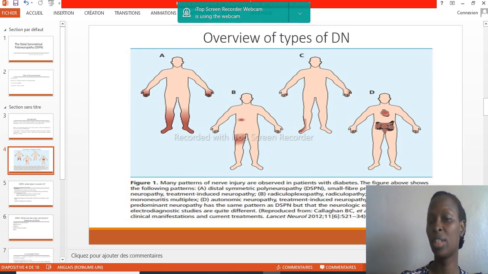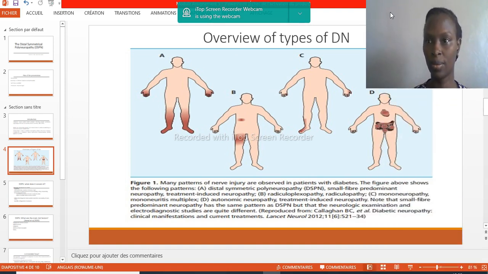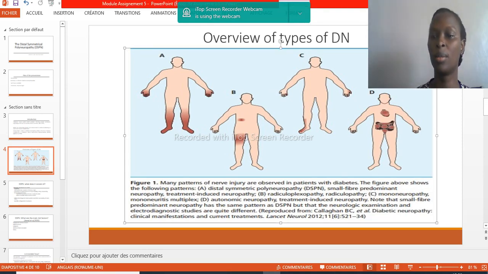This one is rather radiculoplexopathy, as you can see on the legend of this picture. The C figure is for mononeuropathy or mononeuritis multiplex, and the next figure represents autonomic neuropathy.